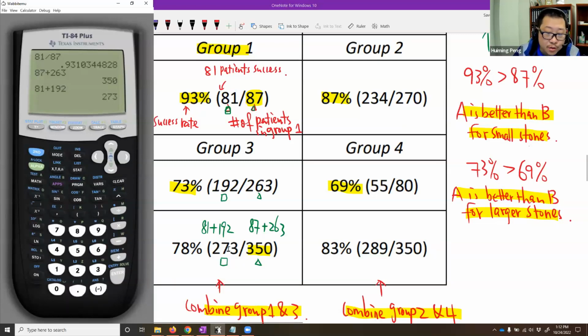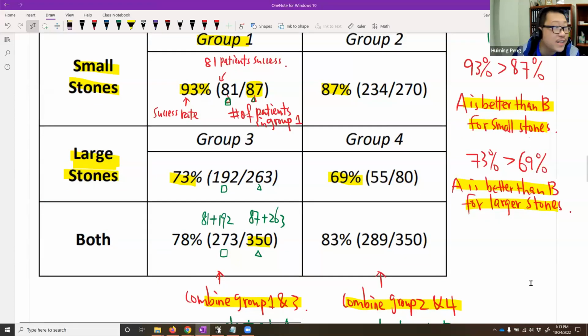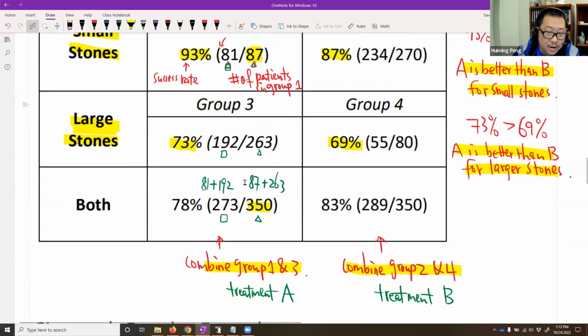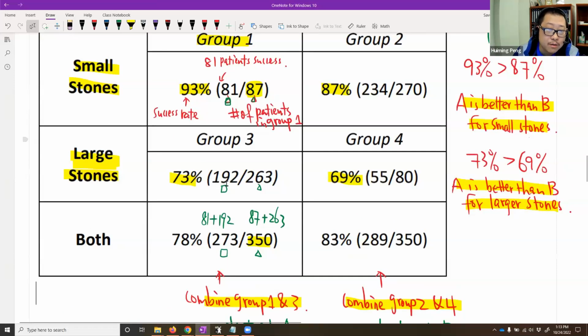So 273 successes out of 350, right? We divide the number over 350, and get 0.78, which is 78 percent. Can you see? I just put these two groups together and get the overall. This we call the overall, and the previous analysis is the individual. So usually we have a name called overall.